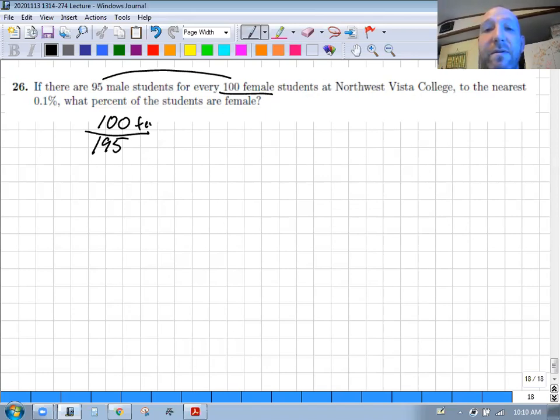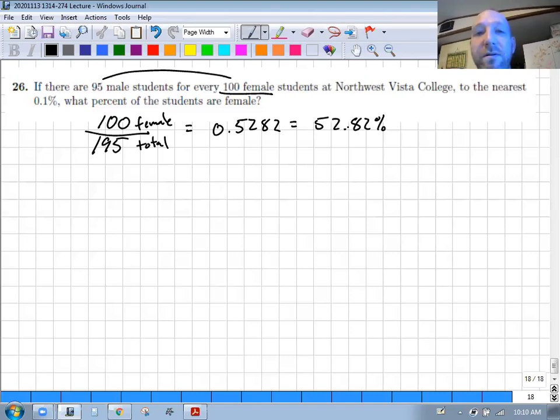This is female to total. So 100 divided by 195 is 0.5282, or 52.82%. They want it to the nearest tenth, so that's 52.8%.